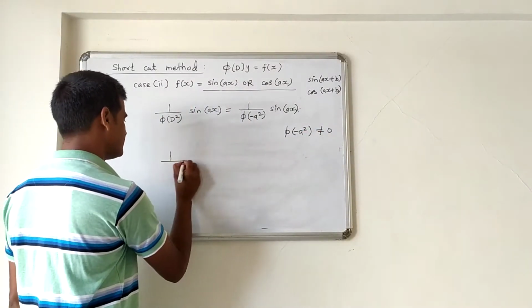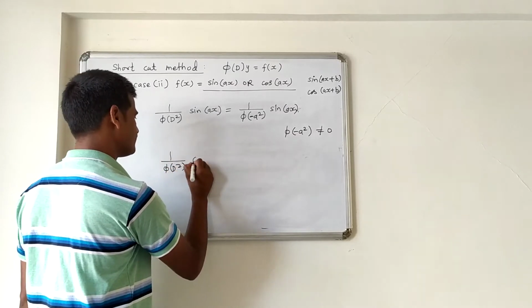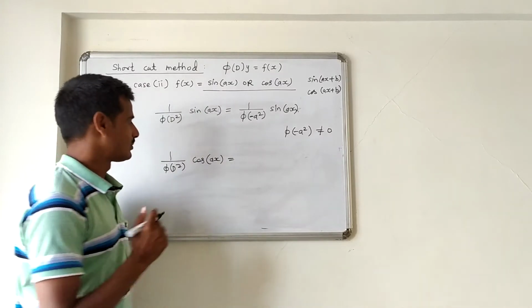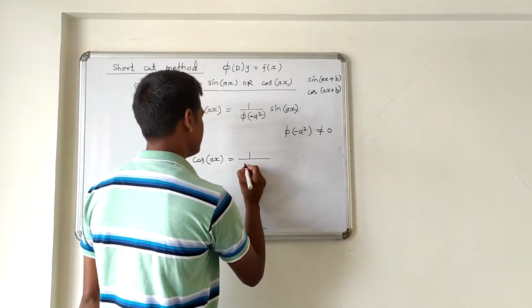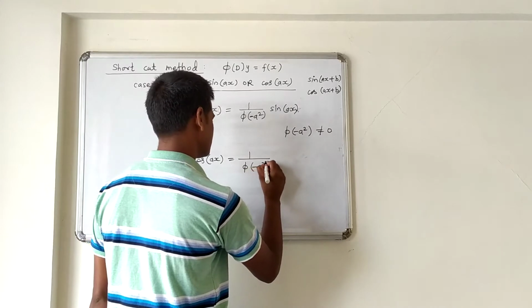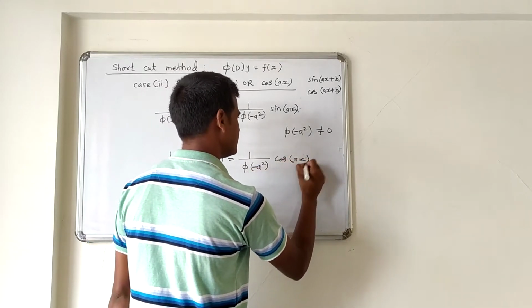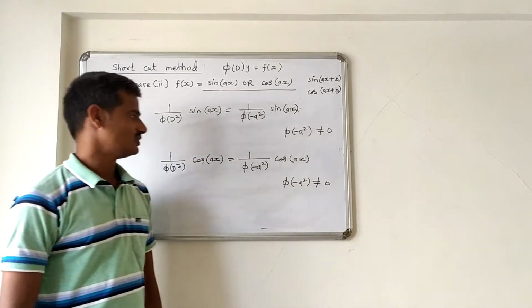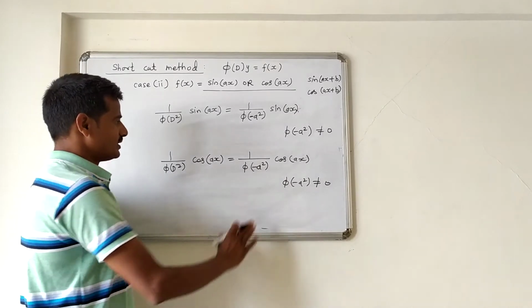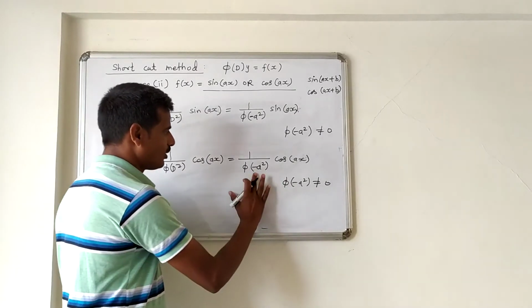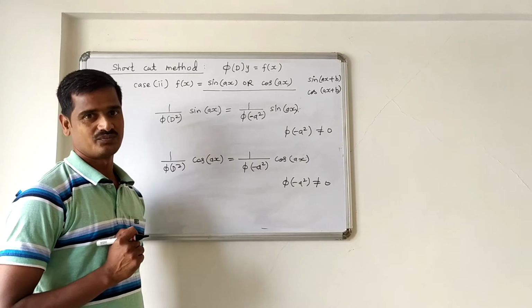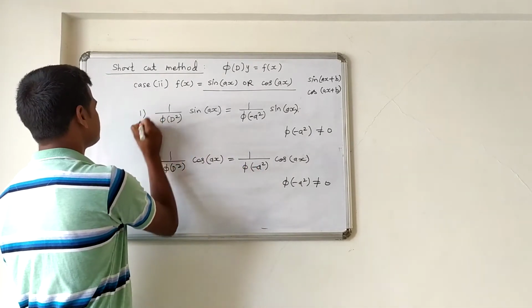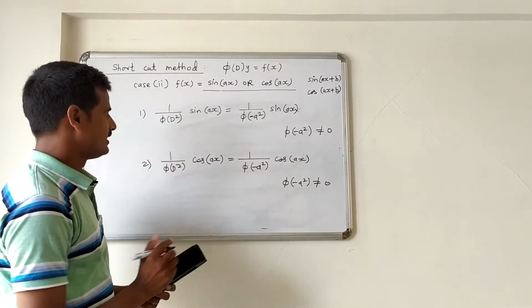And similar result is also true for cosine functions, because sine and cosine function have almost similar properties. So 1 upon phi of D square cos of ax is 1 upon phi of minus a square cos of ax, provided phi of minus a square is non-zero. Now what will happen if phi of minus a square is 0? That is the case of failure, which we are going to discuss. So these two results are very important. Now we will discuss third result.